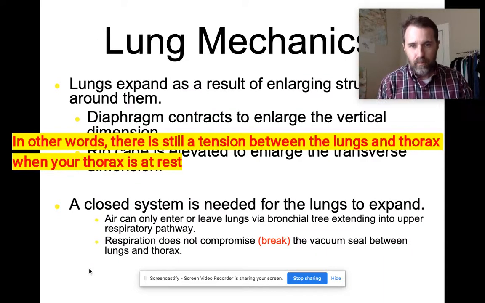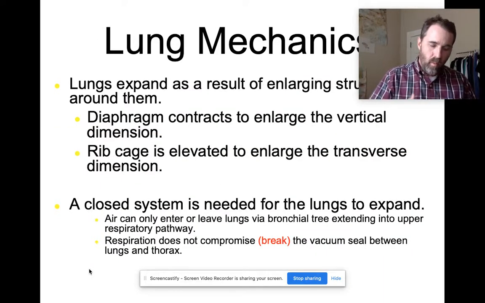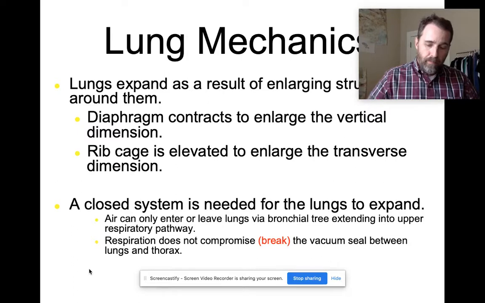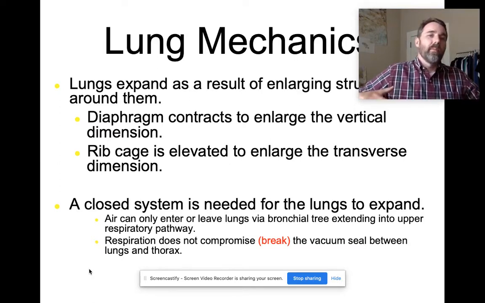When we enlarge our thorax for inspiration, because that is what we're talking about, we're doing all this to talk about respiration, you expand your thorax in the transverse, in the horizontal dimension, by flaring out your rib cage.